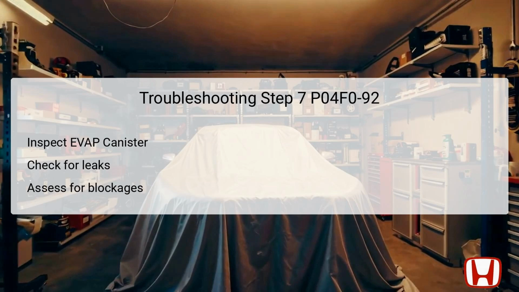Applying vacuum to the canister should result in maintained pressure if it is functioning correctly. Any losses in vacuum pressure or indicators of blockages signal a malfunction, warranting repair or replacement to maintain the integrity of the EVAP system and ensure compliance with emission controls.